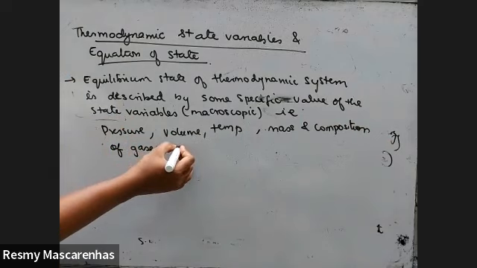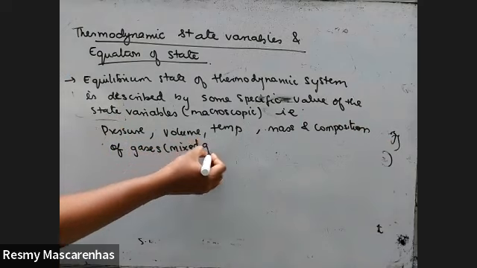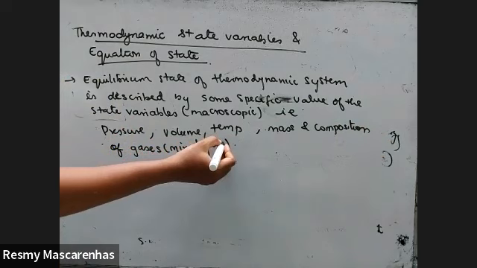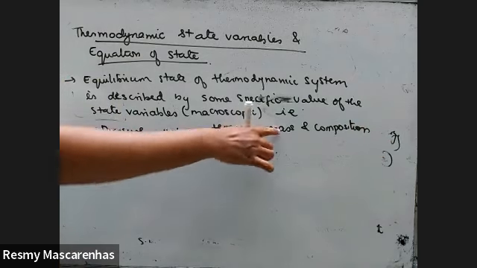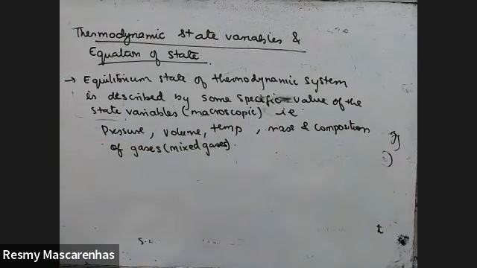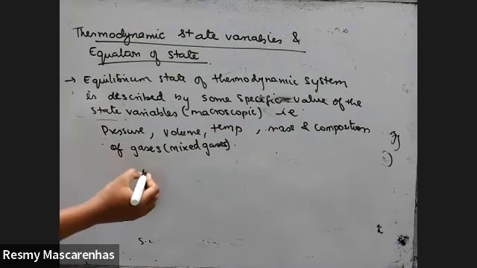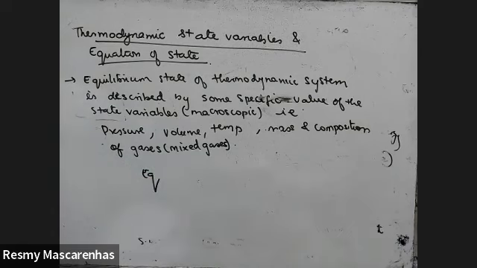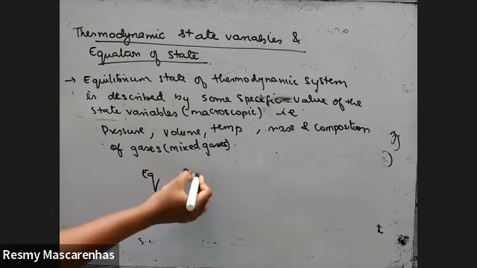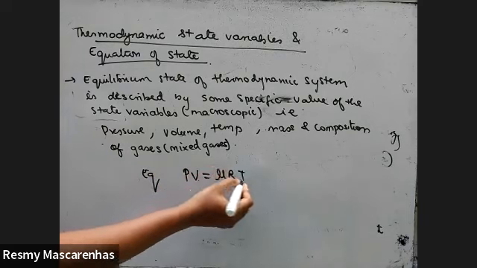Composition is needed in case of a mixed gas. If it is a single gas, then only the others are needed. And the equation of an ideal gas would be PV equals mu RT.